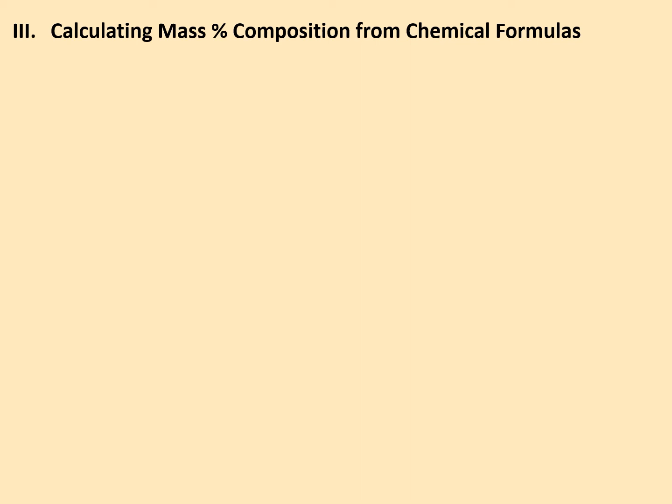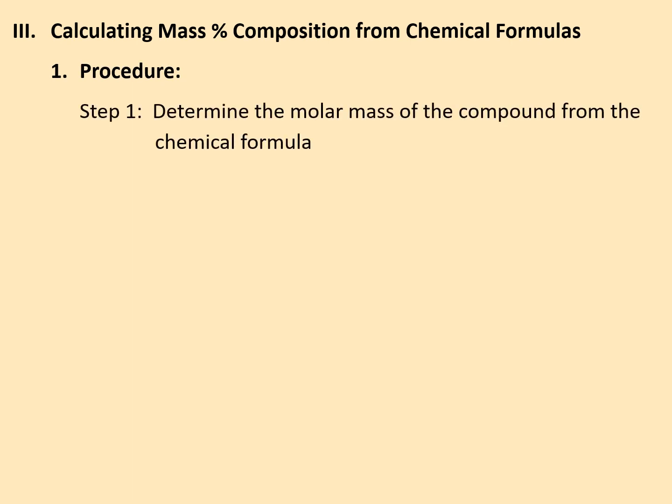But if the chemical formula of a compound is known, you may want to find the mass percent composition of each of the elements within the compound. Here's a step-by-step procedure on how to do this. The first step would be to determine the molar mass of the compound from the chemical formula.